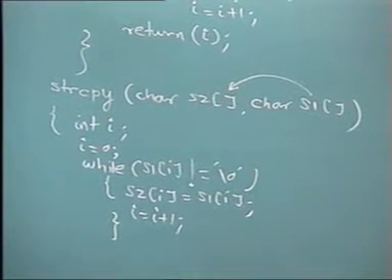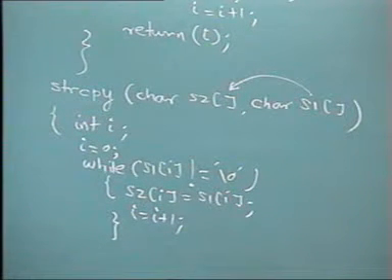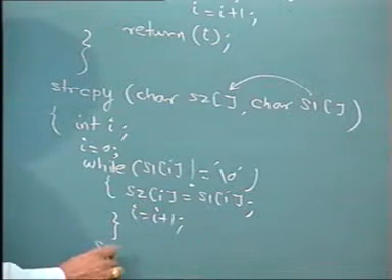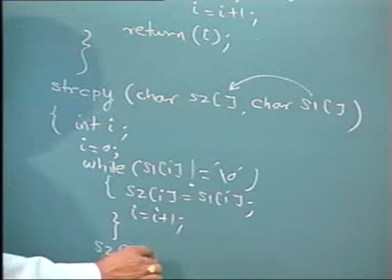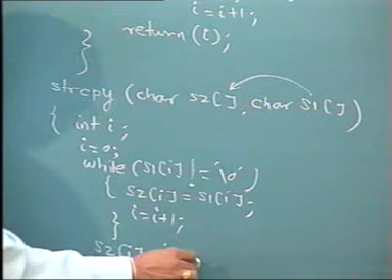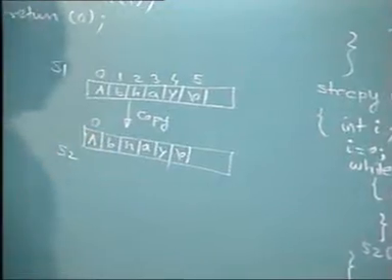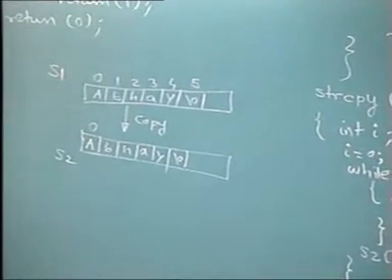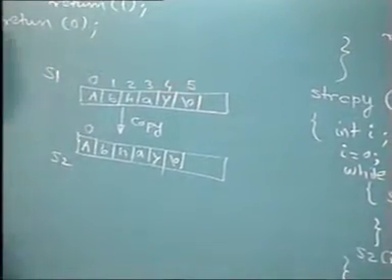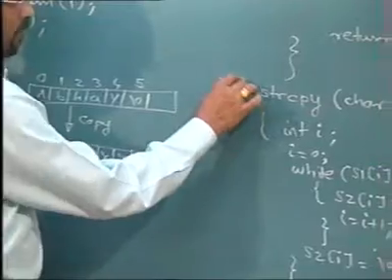Like over here, it is not copied because we are writing it like this. We will have to copy it separately, saying that s2 of I is equal to \0. Because I has reached position 5, we write \0 over there. What will this function return? Nothing. Going to be a void type function.